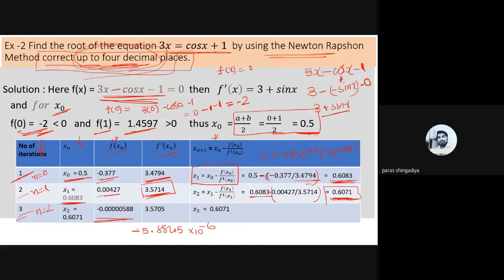So how can we get this answer in the calculator in decimal form, in place of the 10 raised to minus 6 form? There is a fix button in your calculator. Just press the mode button 3 times and you will get 3 options: fix, SCI and norm.